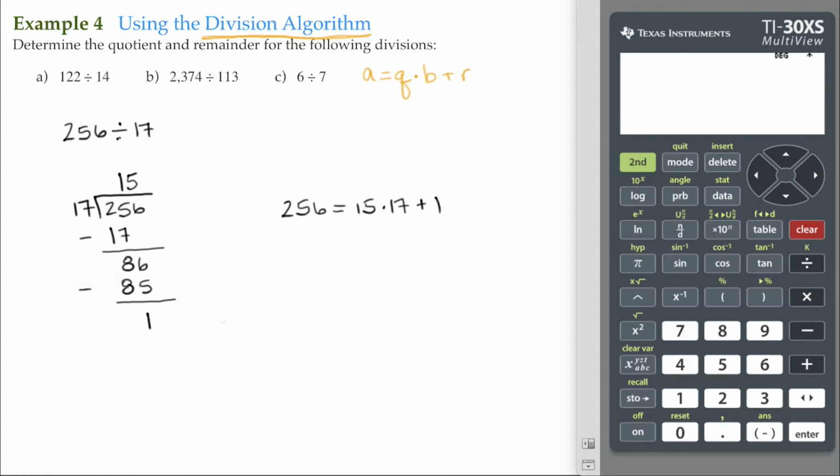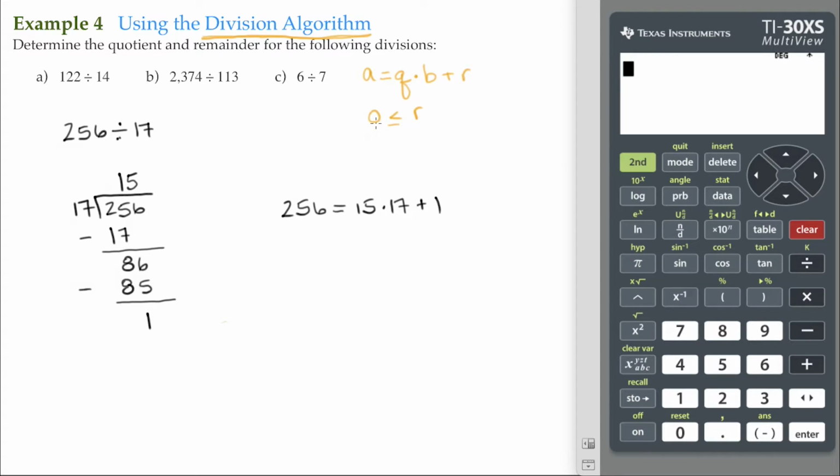Now, a couple of things to keep in mind is our remainder always has to be less than the divisor. If it wasn't, then the division would continue. As you can see here, we had a remainder of 86, but we continue with the division. So here, it's less than our divisor here. So the remainder can be greater than or equal to 0.